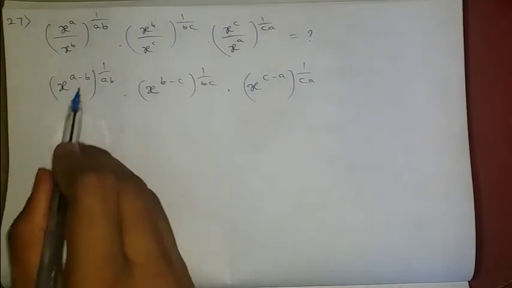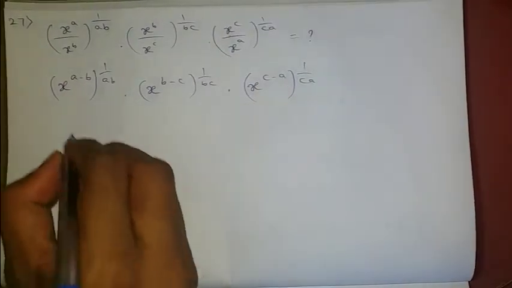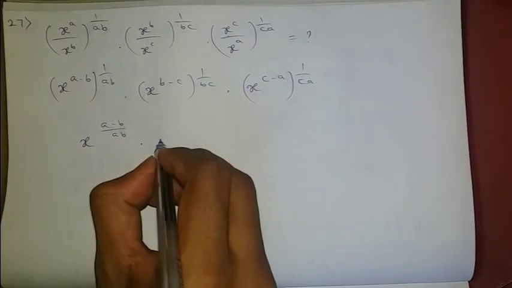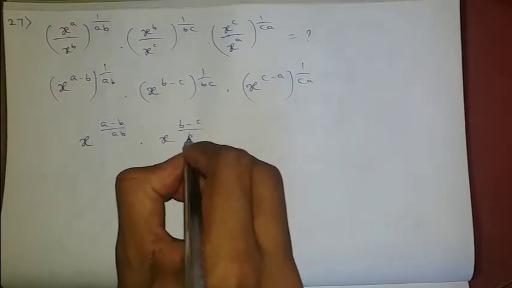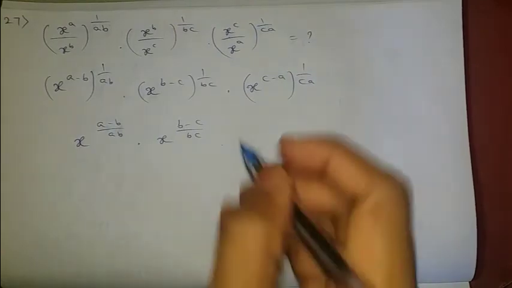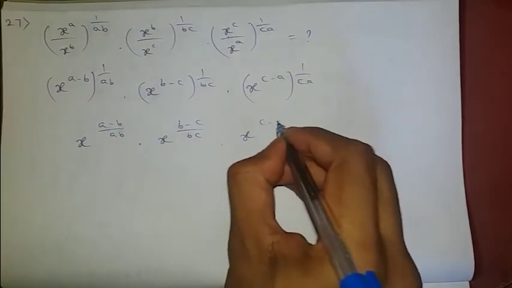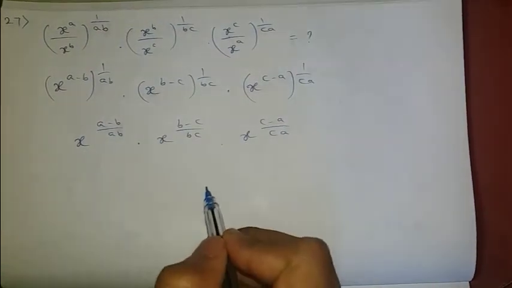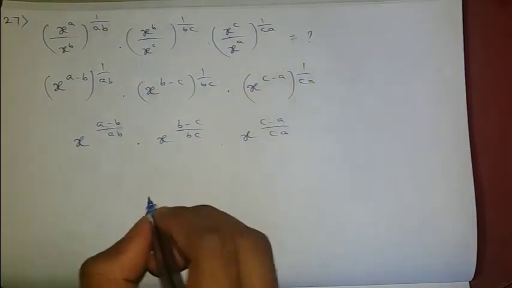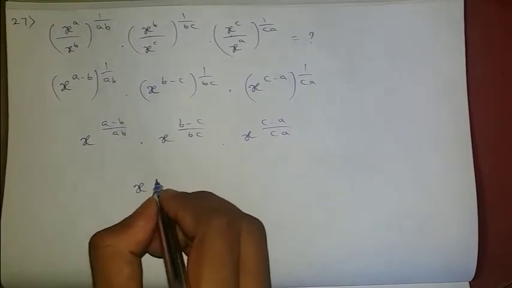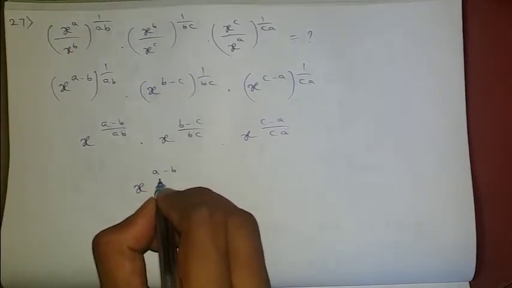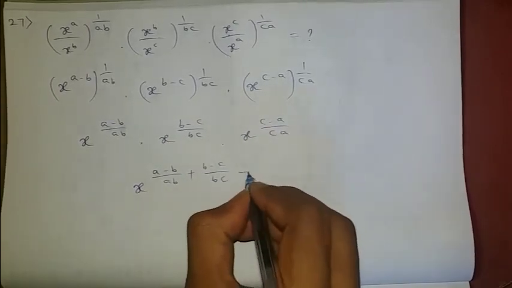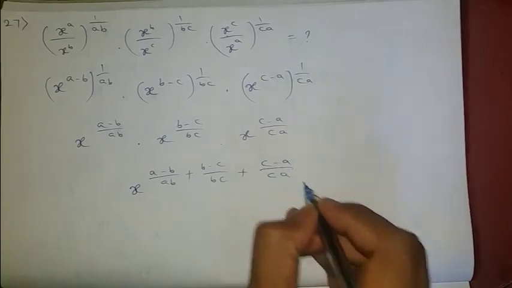Next, two powers are there, so multiply those two powers: x^((a−b)/ab) × x^((b−c)/bc) × x^((c−a)/ca). All three bases are equal, so powers should be added: x^((a−b)/ab + (b−c)/bc + (c−a)/ca).